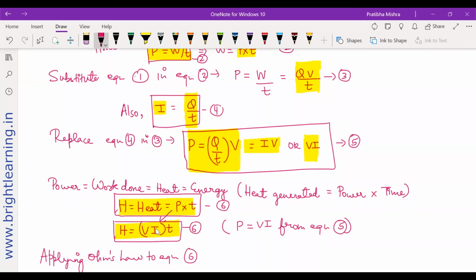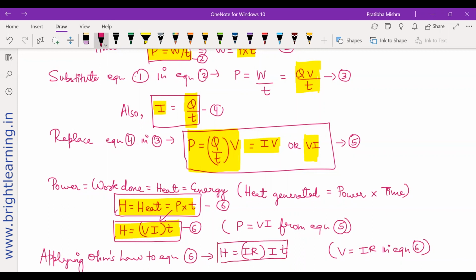Power is nothing but VI, and time is time. So heat will be equal to V, and instead of V, you will write I into R. Again you have I, and then again you have T. So what did you do? You have replaced V as IR in equation 6. This is your equation number 7.